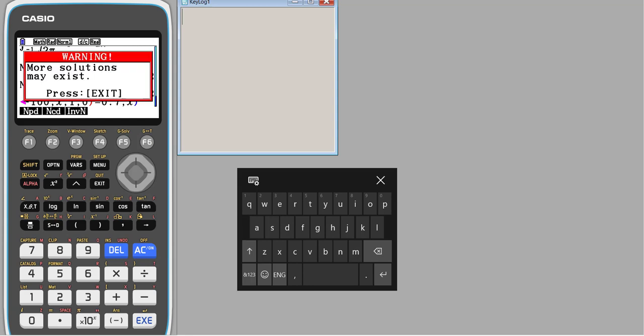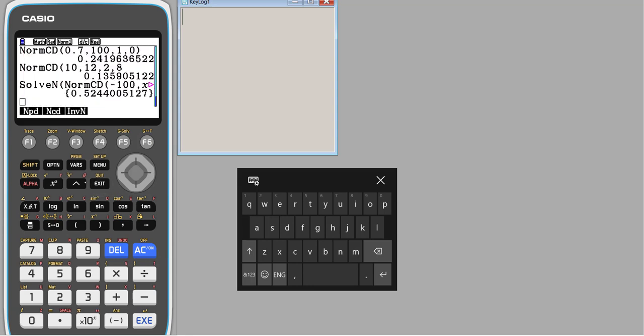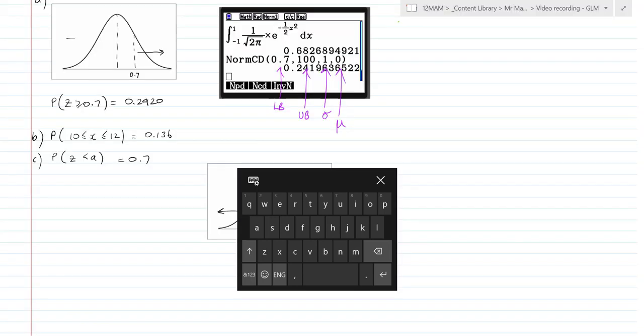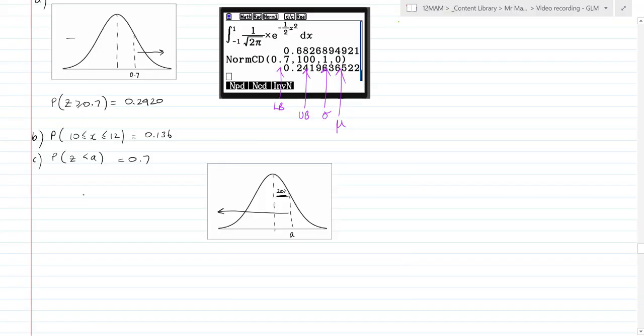Wait, there may be more than one solution, I'll always tell you that, and here's the answer, 0.5244, which is good because A equals 0.5244. It is above the 0 that we expected, and we also know that if we are at 1, this is 16%, which means this is 84%, which is much higher than the 0.7 needed. So we're quite happy with that answer, between 0 and 1.